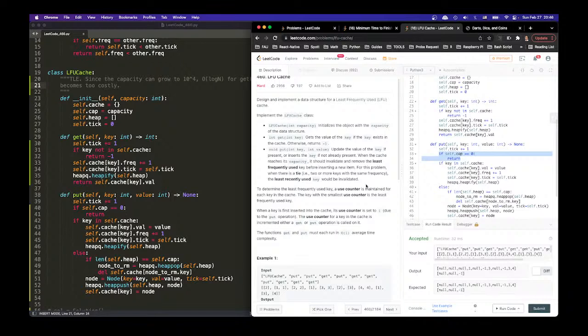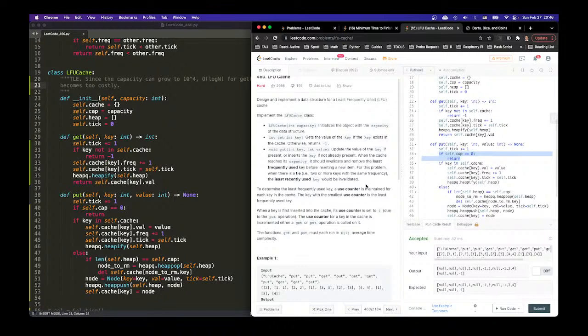So we get the node, we get the frequency, so we can find the linked list, and we do whatever operation we need with that frequency. Of course, if I use it, the frequency increases.